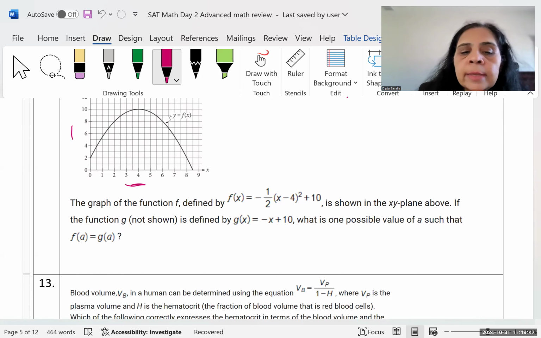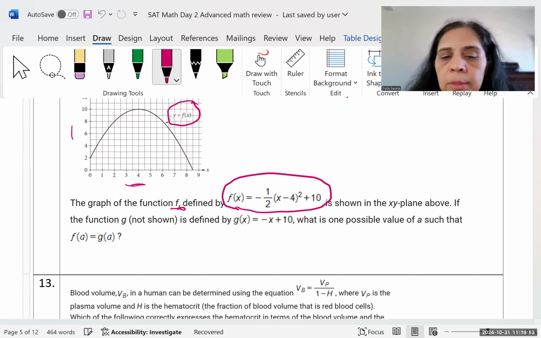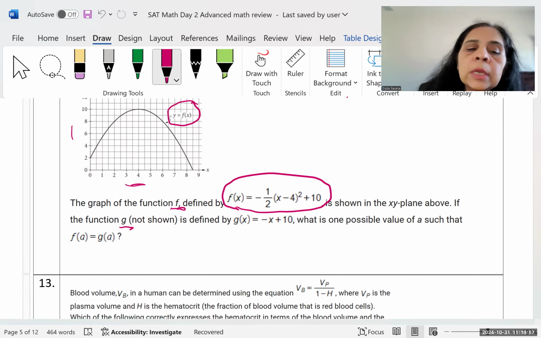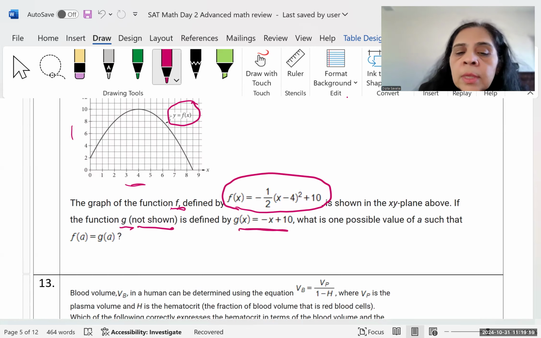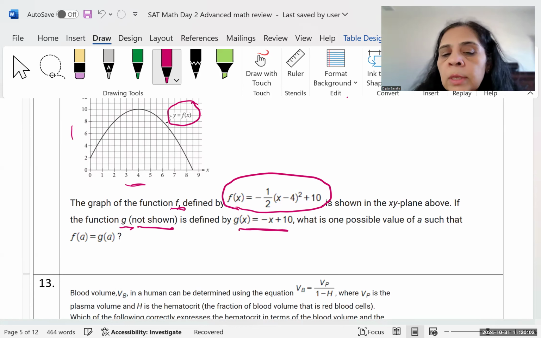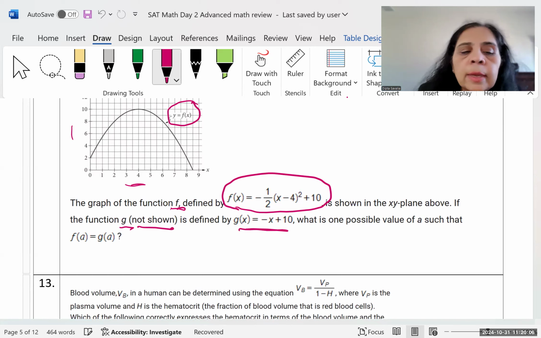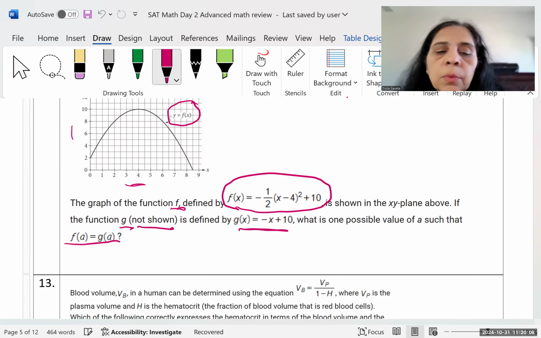So what it says, they give you here function f, which is this function. So in the xy plane, if the function g, not shown, which is this one, what is one possible value of a such that f of a equals g of a?